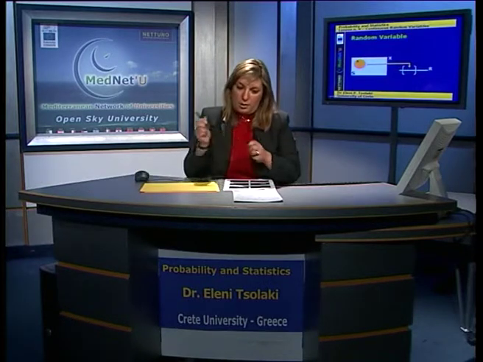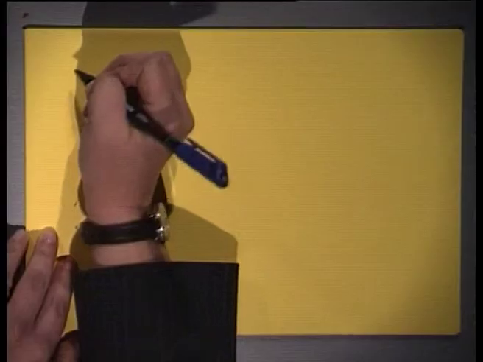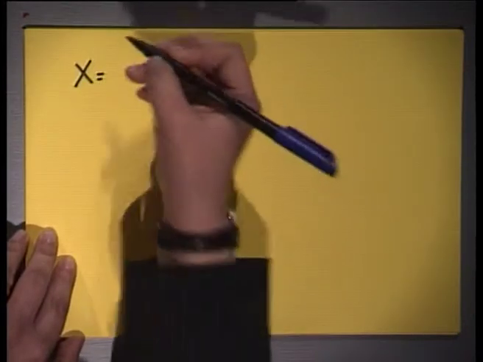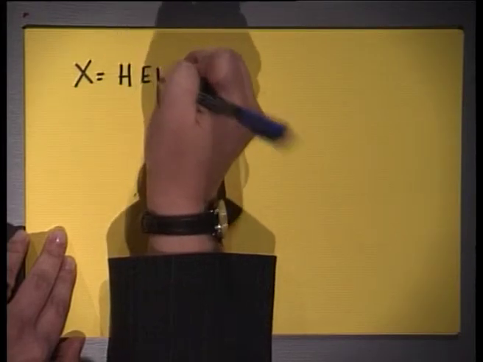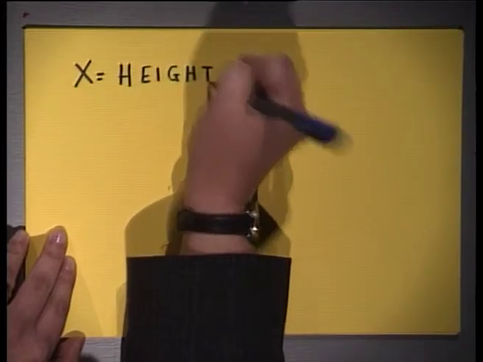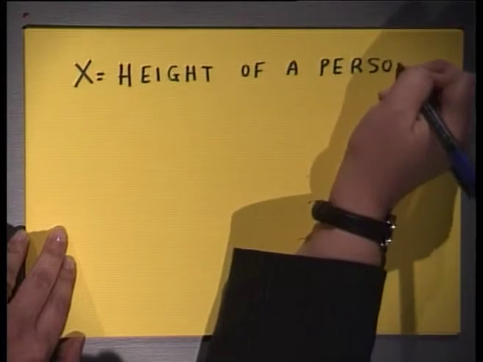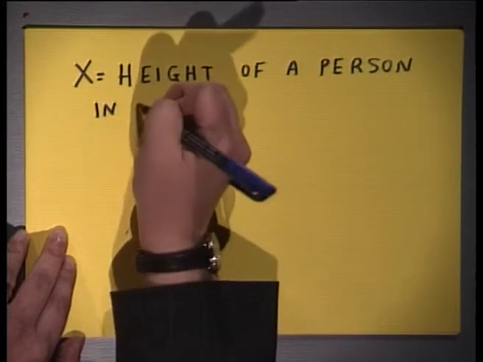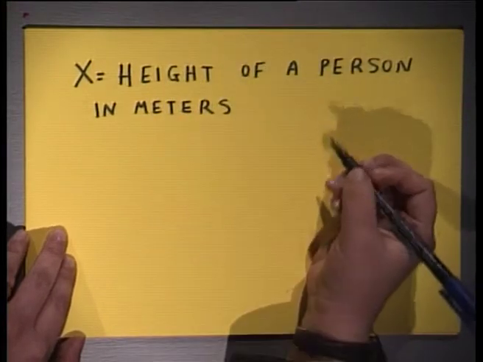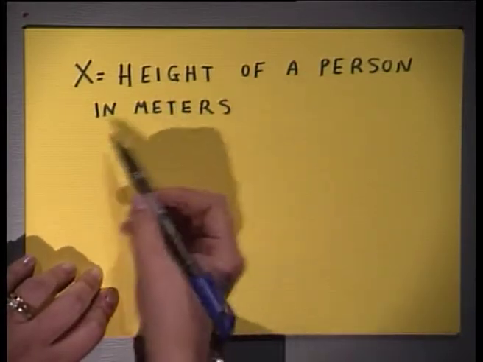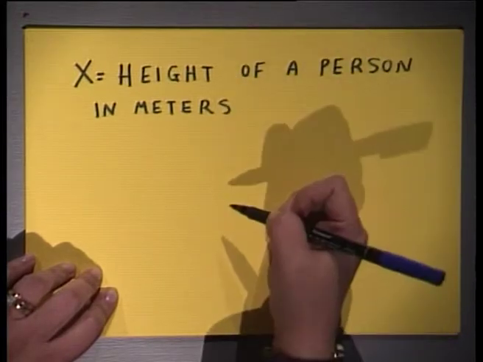So, assume that x is the height of a person in meters. We understand that the height of a person in meters can be given in any accuracy.